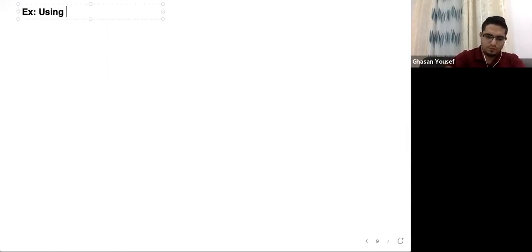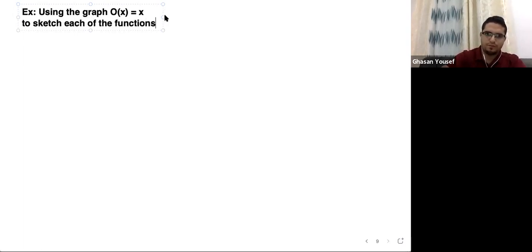Using the graph O of x equal, I give you the graph in the question is x squared, to sketch each of the functions below.